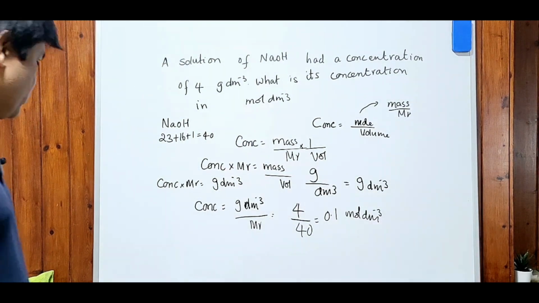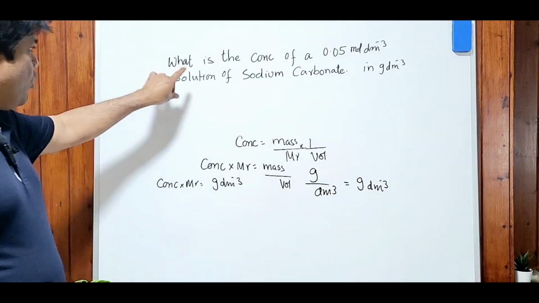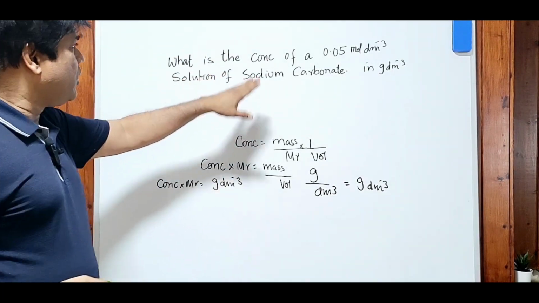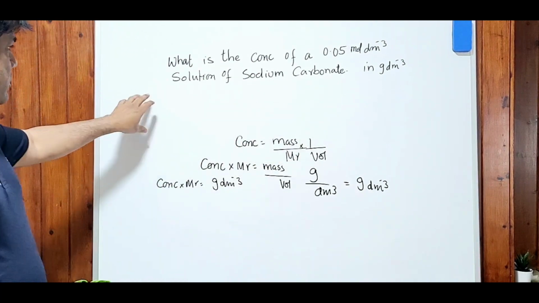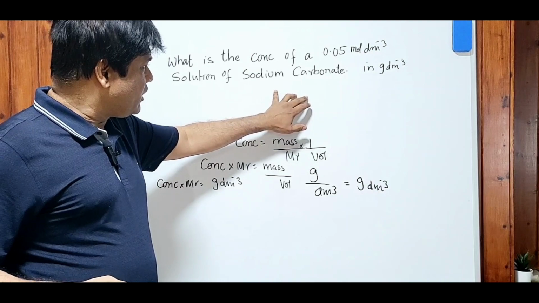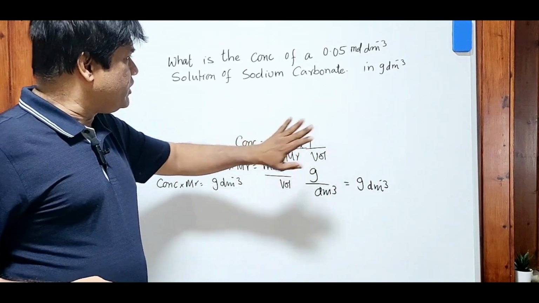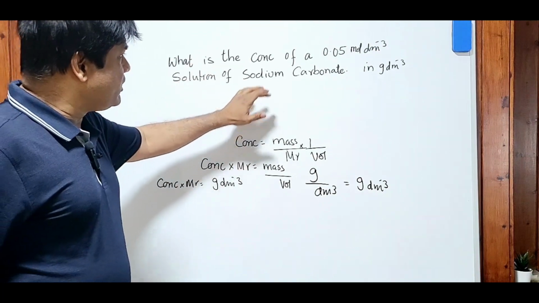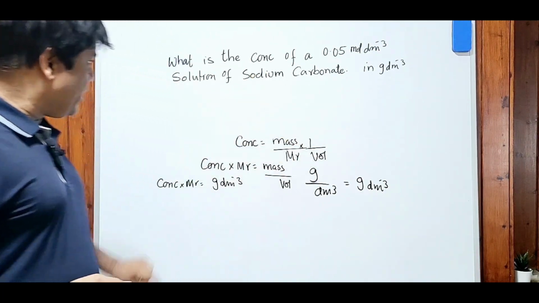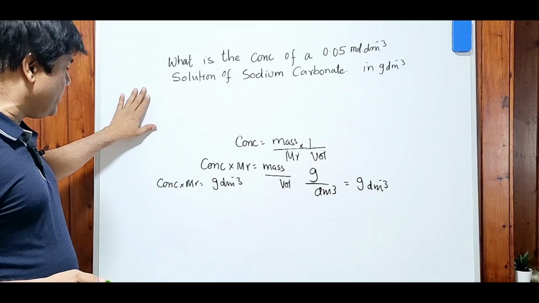Can I rub that question, guys? Look at this question. What is the concentration of a 0.05 mole dm minus 3 solution of sodium carbonate in gram per dm cube? In that question, conc is given in terms of mole per dm cube, and we have to change into gram per dm cube.